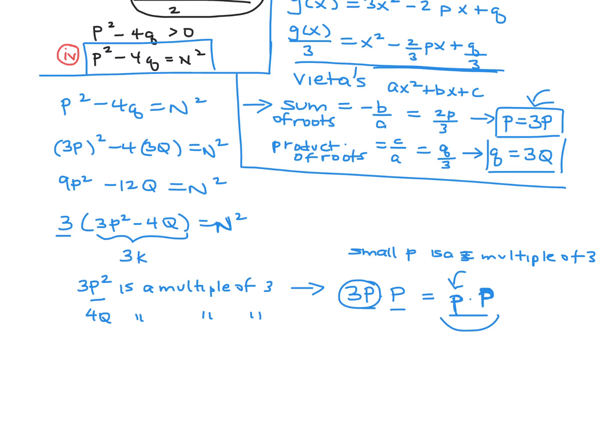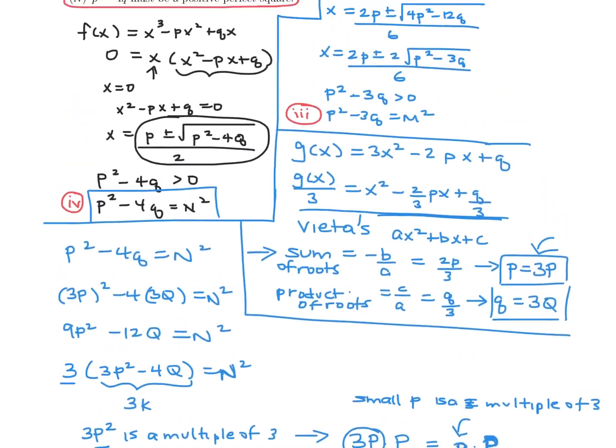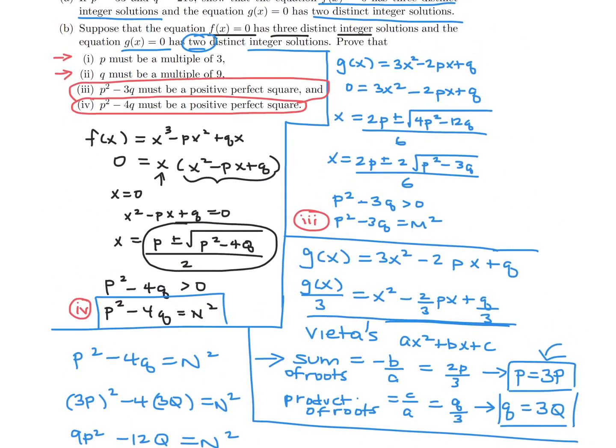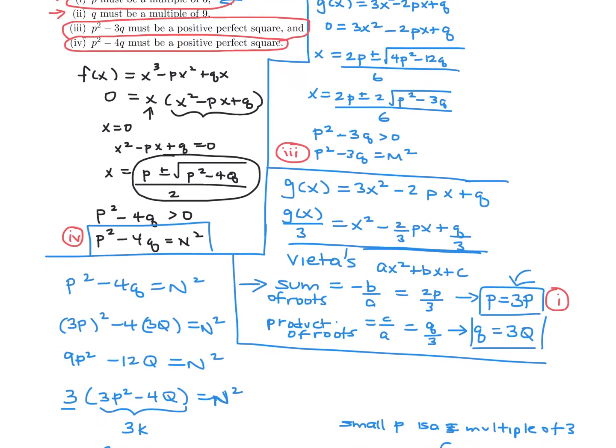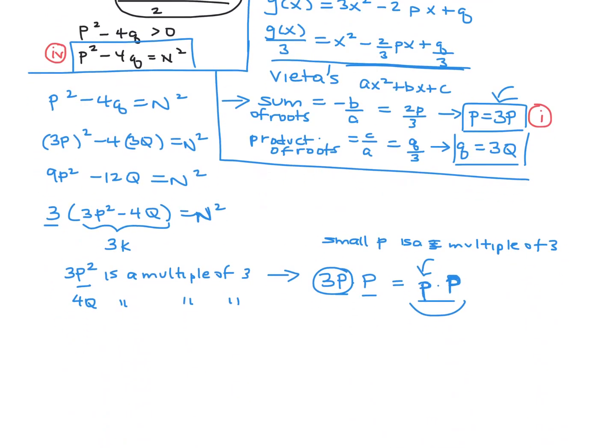Well, I think we actually proved point 1, this one up here, already, that p had to be a multiple of 3. So I kind of already proved it. So I think the only thing left for us to prove is q is a multiple of 9. That's the only thing left to prove. Okay, so that shouldn't be that hard.